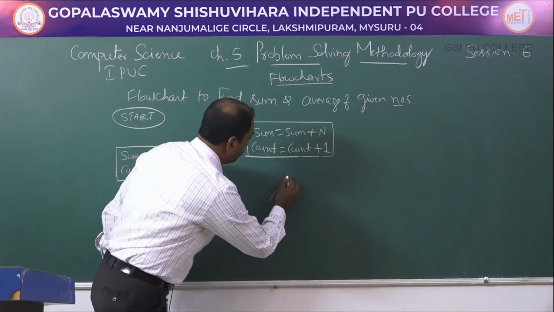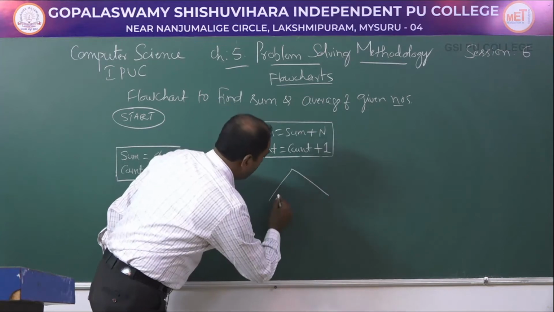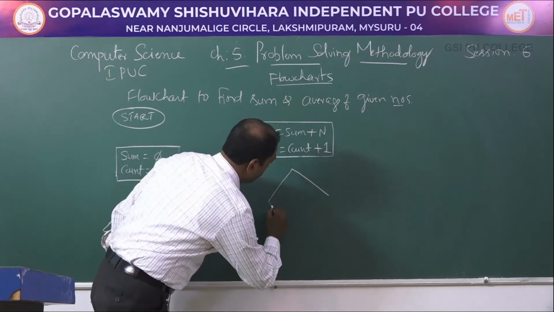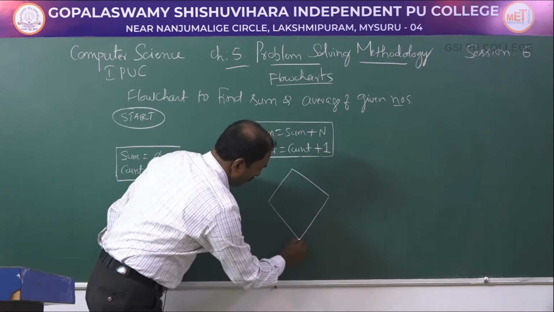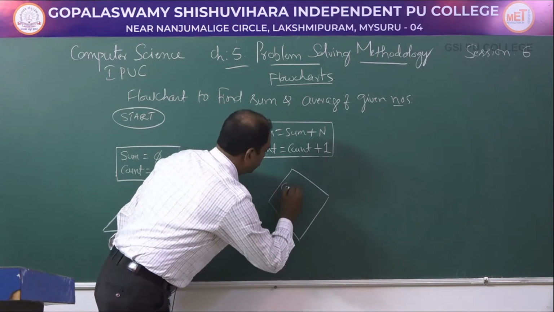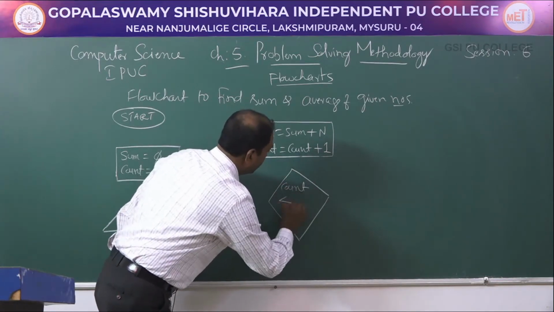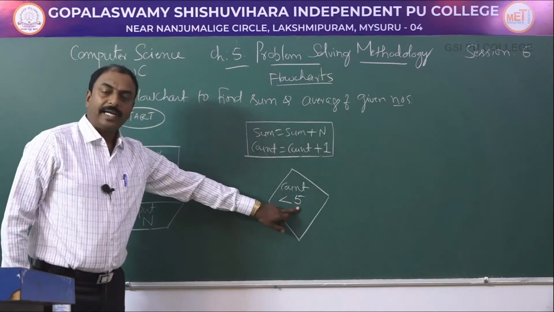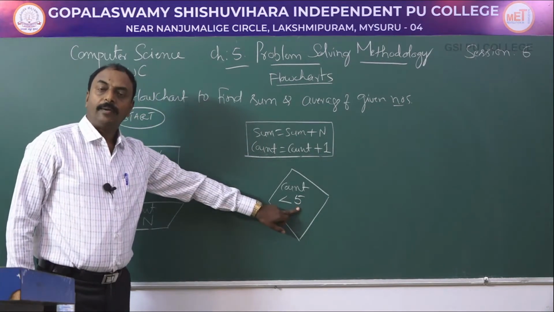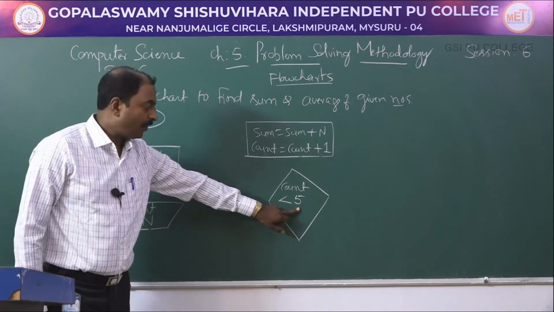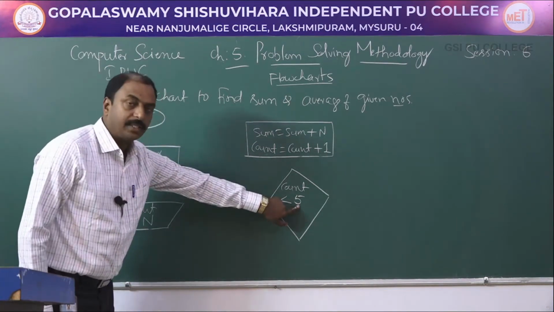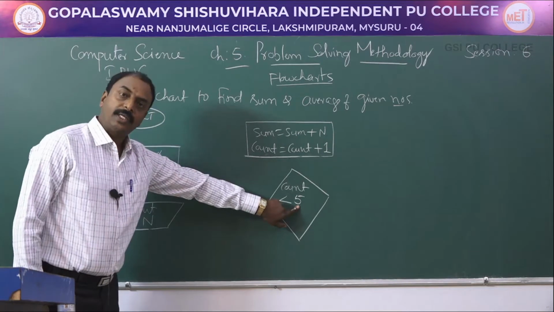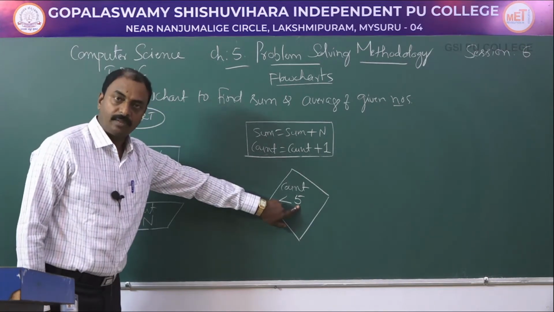So what is the condition? It will be count, a variable, less than 5. If I say 5 here, I am finding the sum and average of 5 numbers. Suppose if you write 10 here, it takes up to 10 numbers, sum and average of 10 numbers.